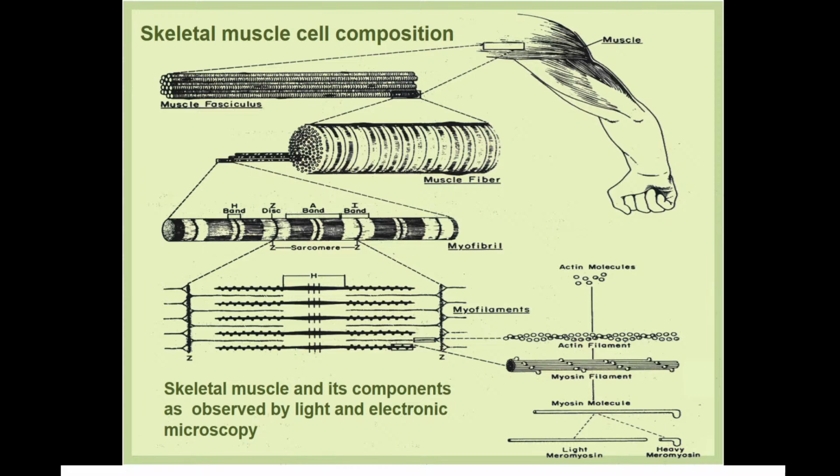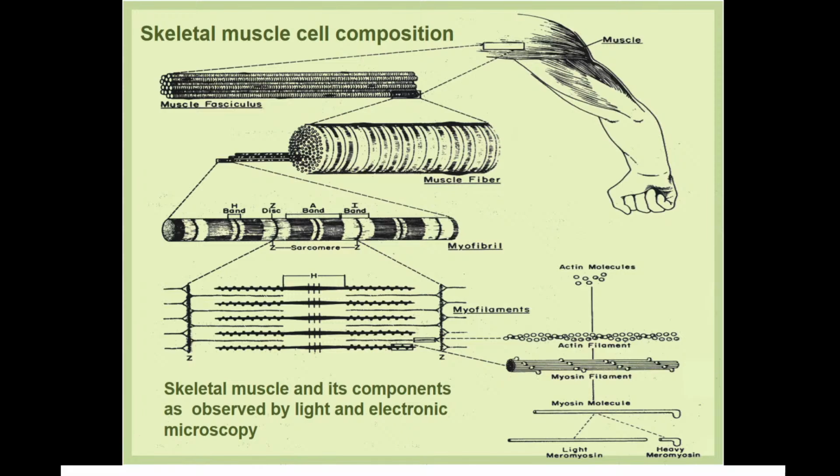One more, the skeletal muscle cell is a fiber in its structure and shape, running from one end of the muscle to another. These fibers vary from approximately 10 to 100 micrometers in diameter and can be several centimeters in length, depending on the size of the particular skeletal muscle.